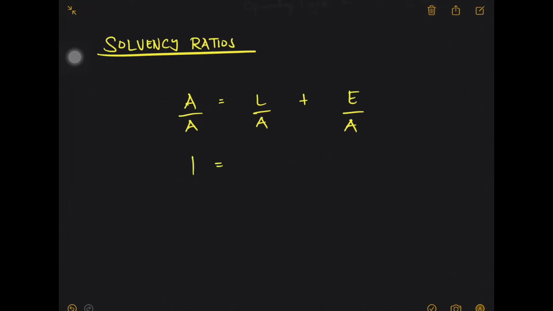Liability over asset, this is called debt ratio. While equity over asset is called equity ratio. This is formula 1 and this is formula 2 for solvency ratio.